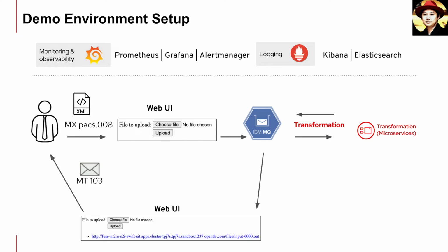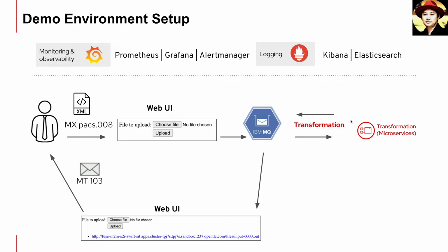In order to demonstrate the demo using a UI, I purposely built a web UI to upload the sample input file. This input file will be deposited into IBM MQ, and my transformation microservice will pick up the input and do the transformations.